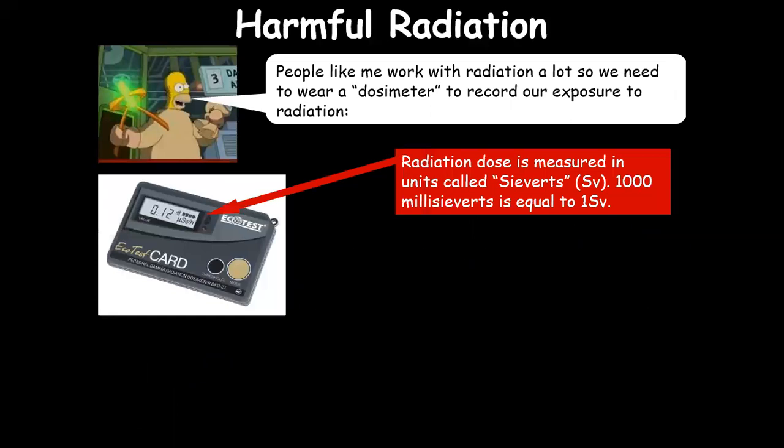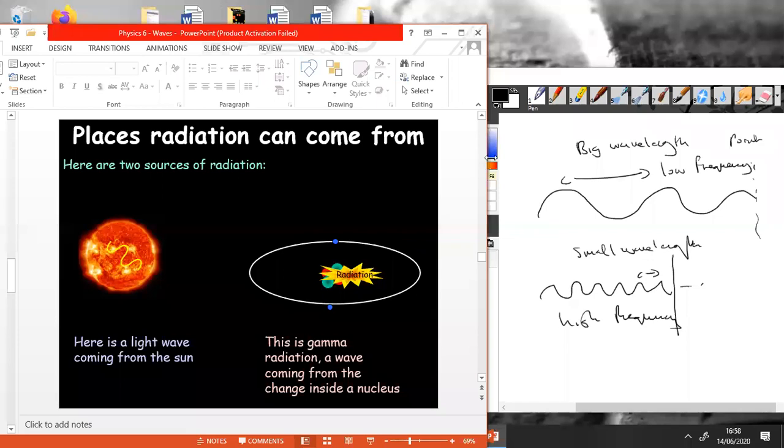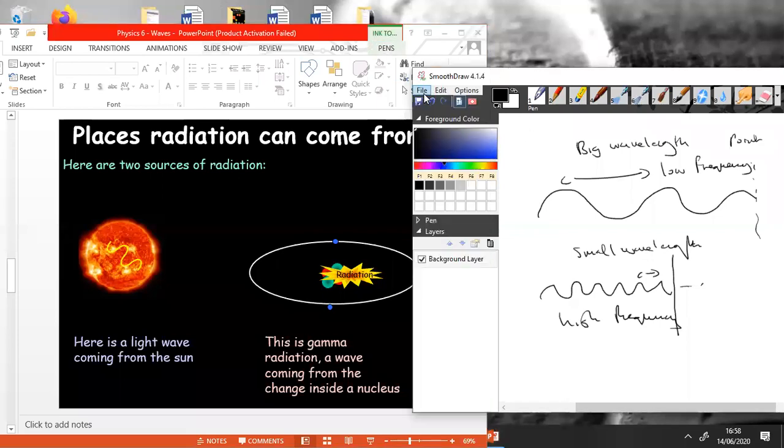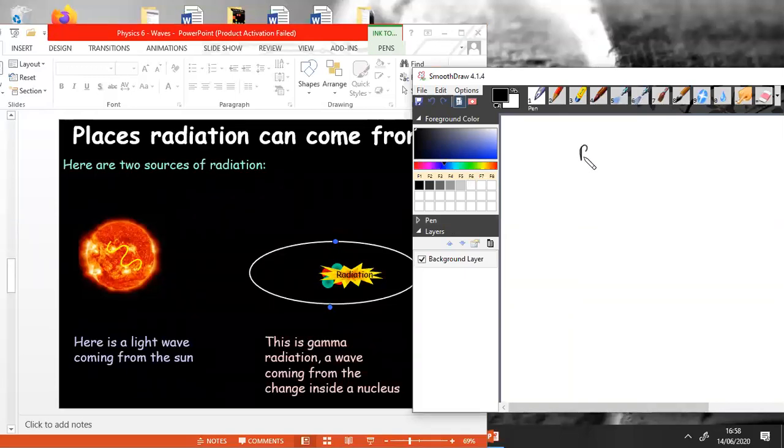Let's actually write something down on this. It's important. I'm going to open up my notes because the PowerPoint doesn't do a good job of it right now. So radiation, write the little title down. This is a term given to waves which emanate, or come out.